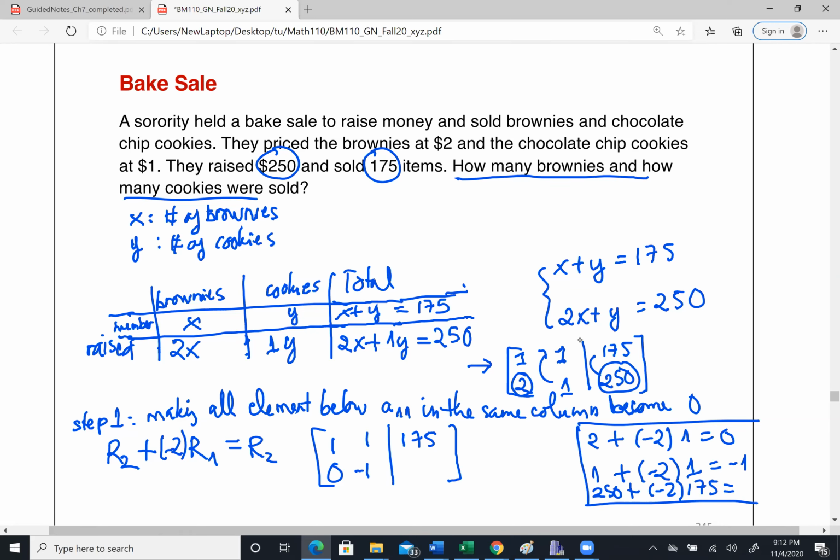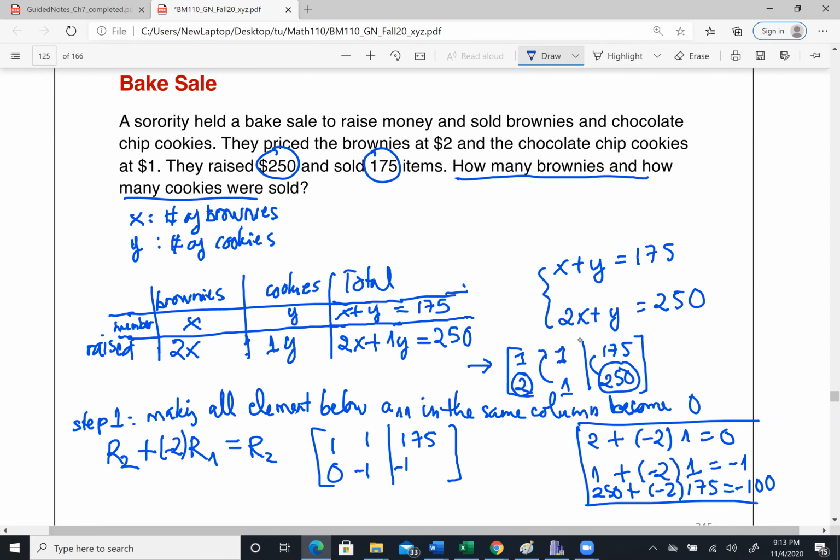Using a calculator, that is 250 minus 2 times 175, which is negative 100. Negative 100 here.